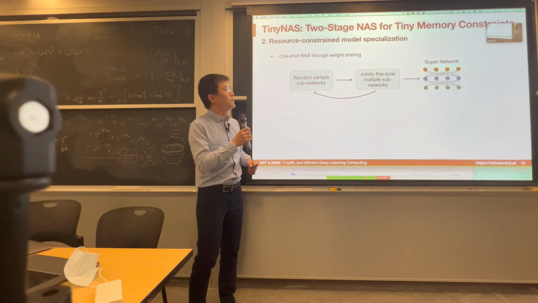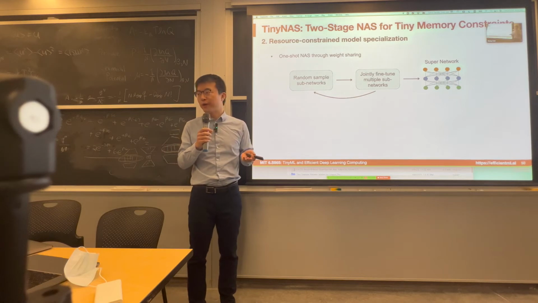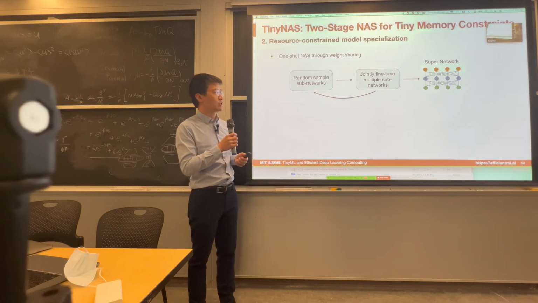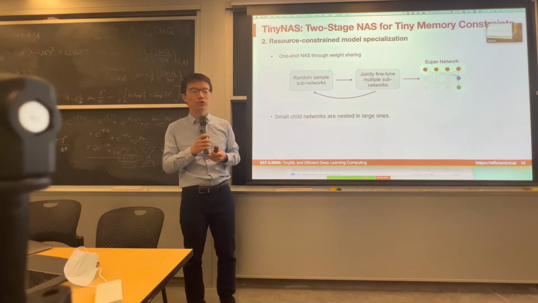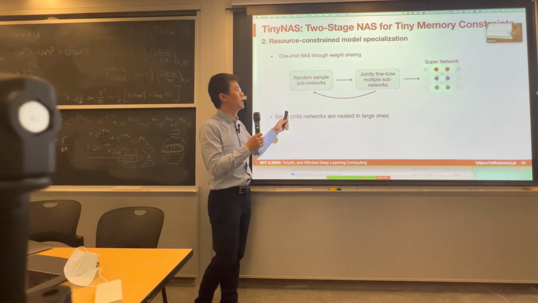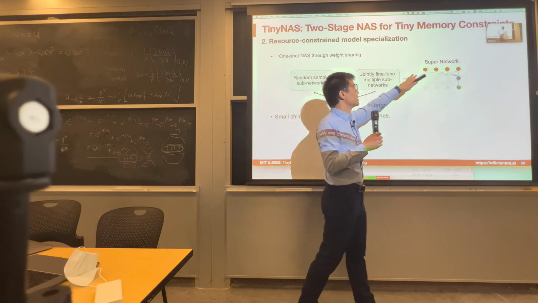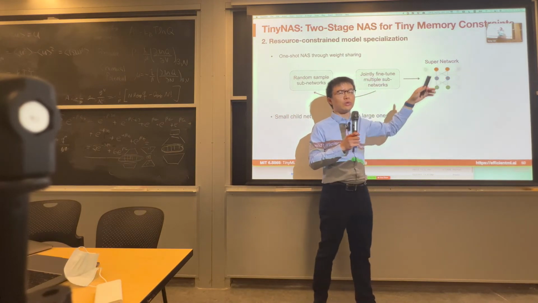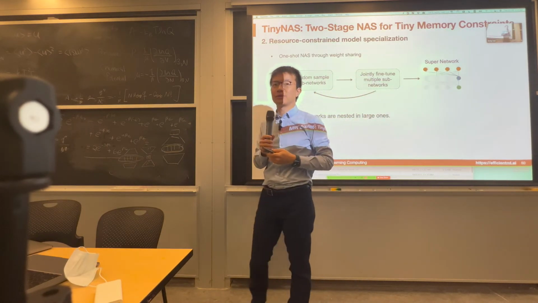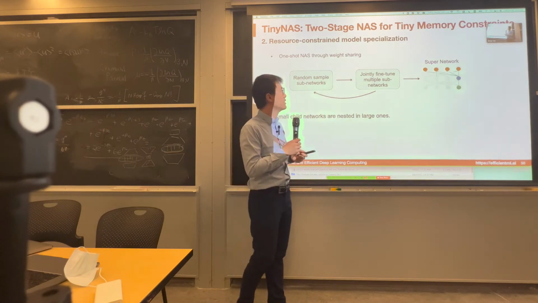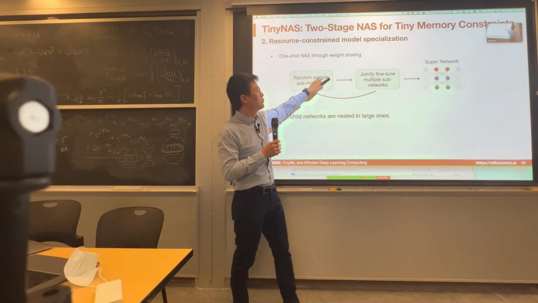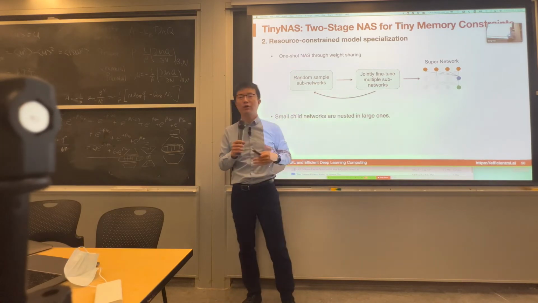All right, so after designing the search space, we can perform neural architecture search. We can use the once-for-all neural architecture search approach. We first train this SuperNet. Each time we sample different subnetworks, either by random sampling or using the progressive shrinking method, and then we jointly fine-tune multiple subnetworks.